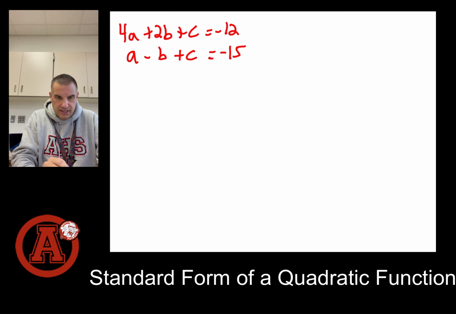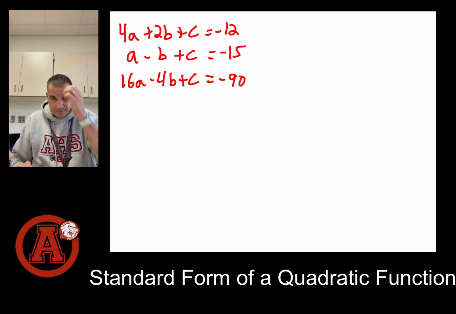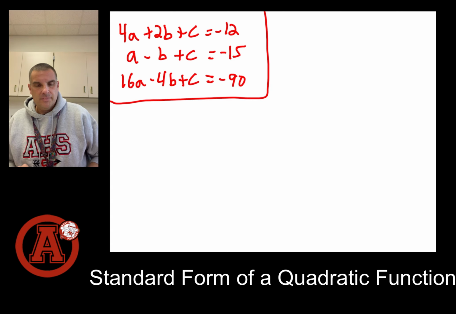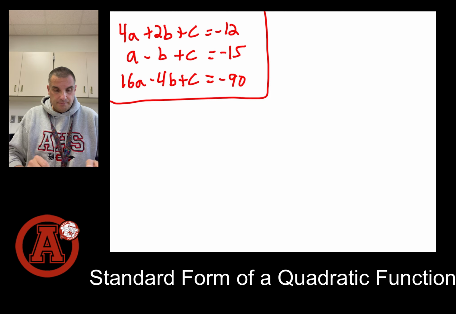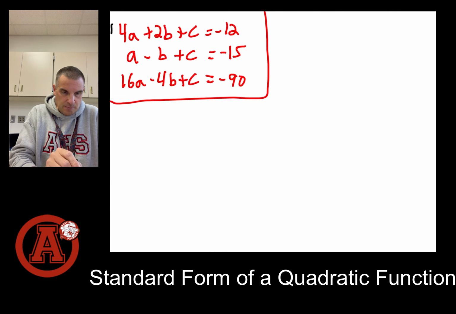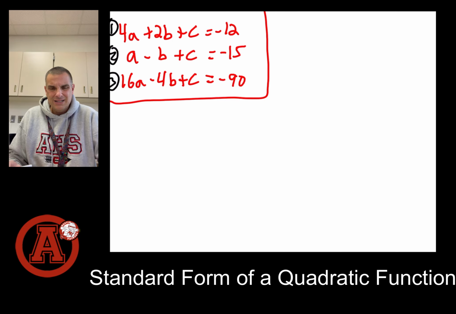And 16a minus 4b plus c is equal to negative 90. So there are our three. Now we're going to solve them. 1, 2, 3, and do the same thing we did last time.